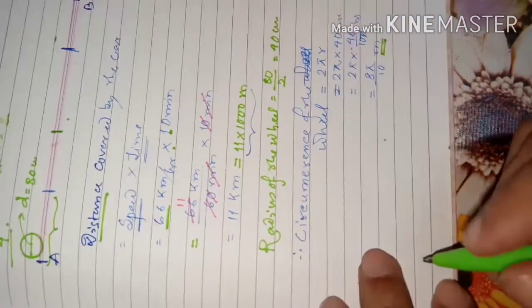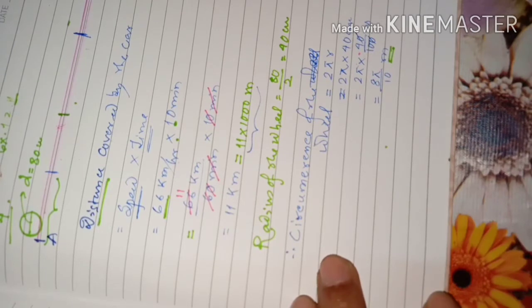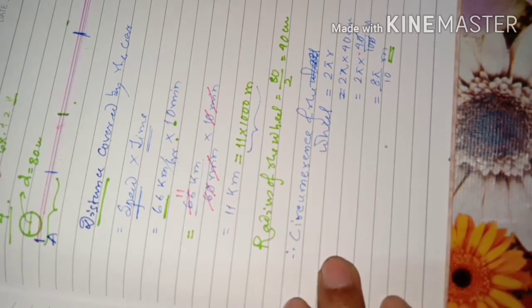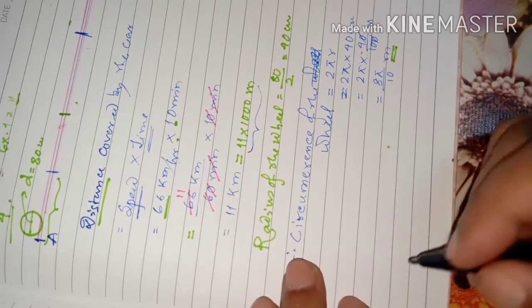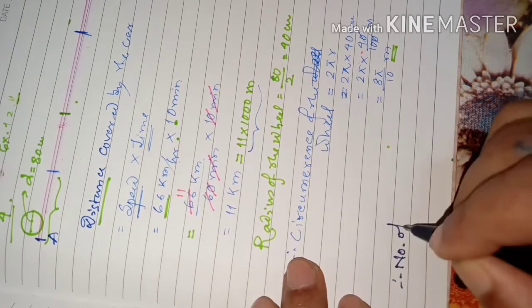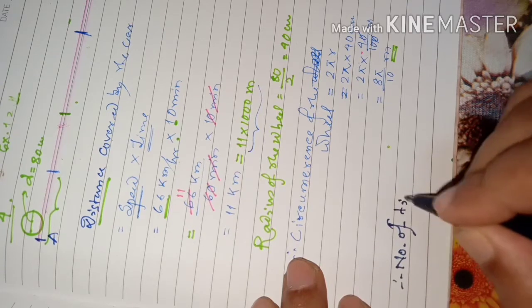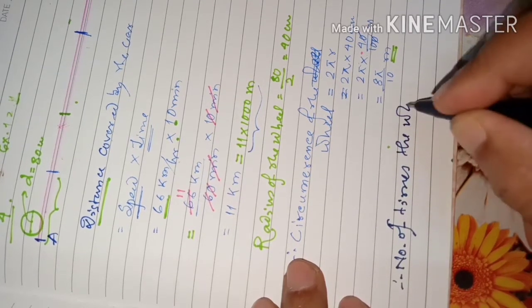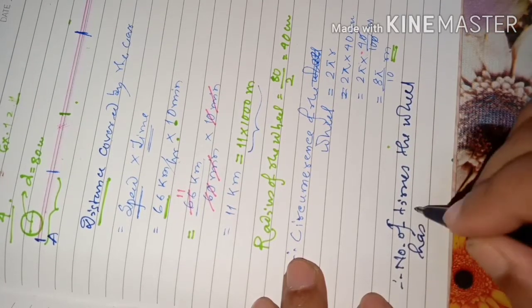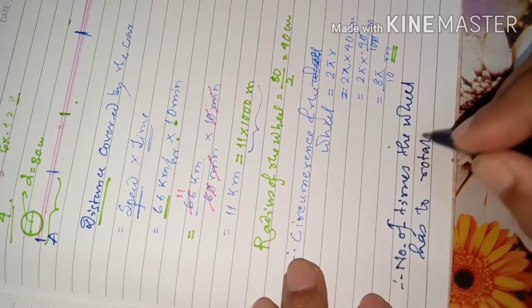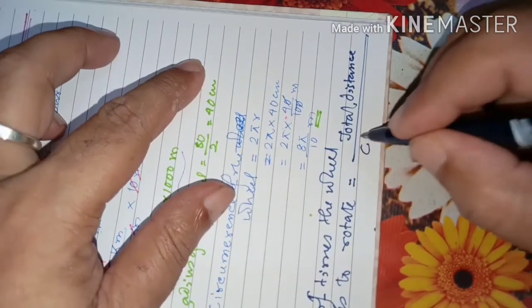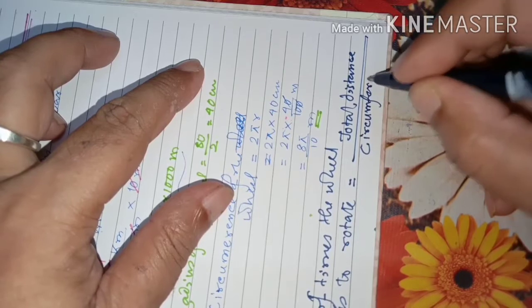So therefore, the number of revolutions made on the road to complete 11,000 meter, that is the number of times the wheel has to rotate, is equal to total distance divided by circumference of the wheel.